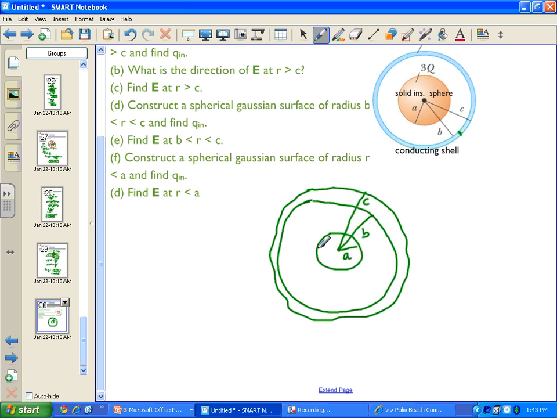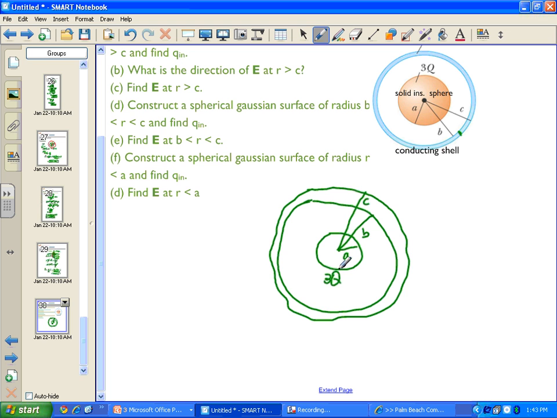Now the total charge, we're told, on the solid insulating sphere is plus 3Q. And remember that the charge will grow as we move out from the center of the sphere to the surface where it has the maximum amount of positive 3Q.